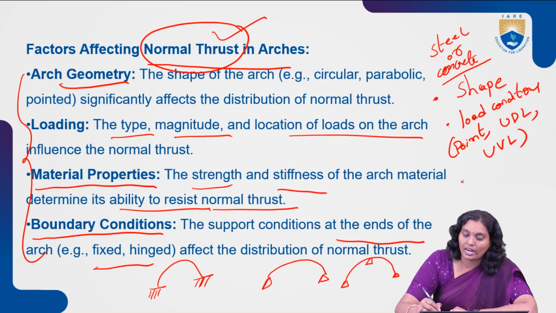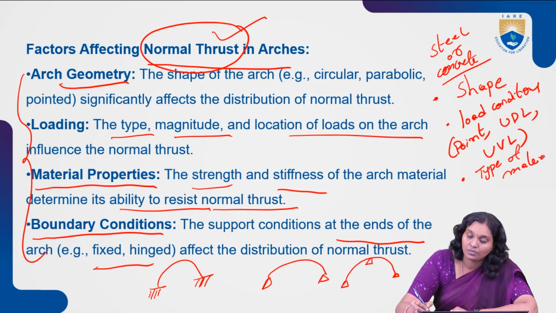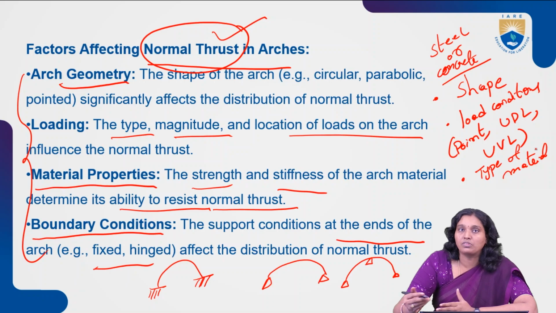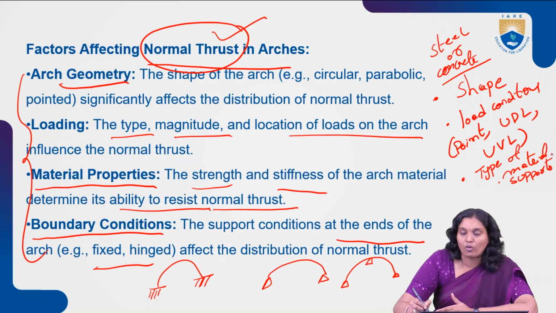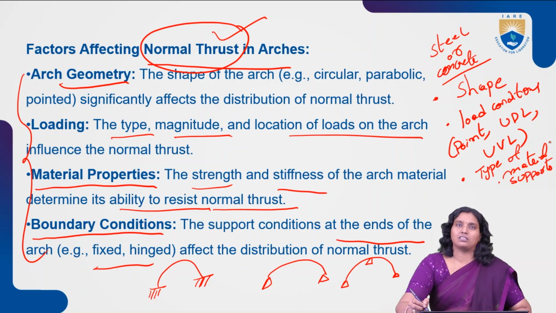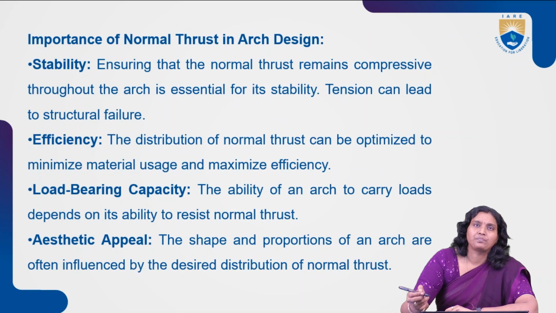So shape, load conditions, what type of material we are using for the construction of the arch, for analyzing and for designing, and also what type of supports we are providing for those arches. These are the factors affecting the normal thrust.